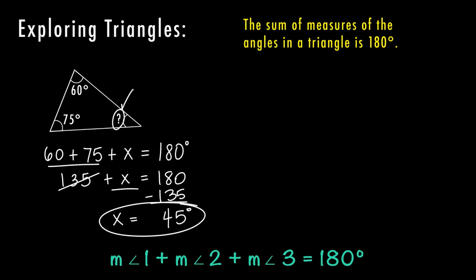So this angle that's missing should be 45 degrees, but I want to go ahead and check that. So I'm going to plug 45 back into my original equation. When I add this all together, 60 plus 45 is 105, and 105 plus 75 does equal 180 degrees. So that does check out to be the correct answer.